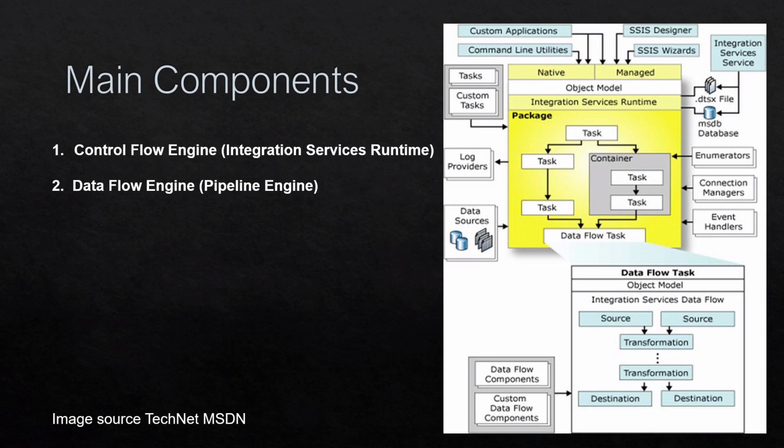The data flow defines the pipeline, how the data actually moves and transforms. And the integration service runtime is the brain that executes and manages everything. So that is the complete overview of SSIS architecture.